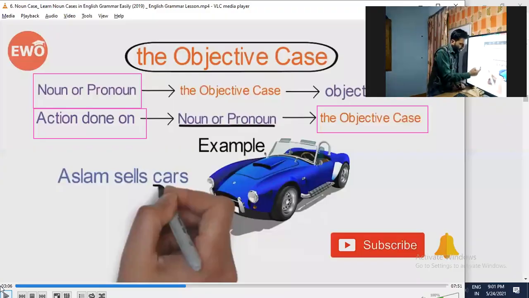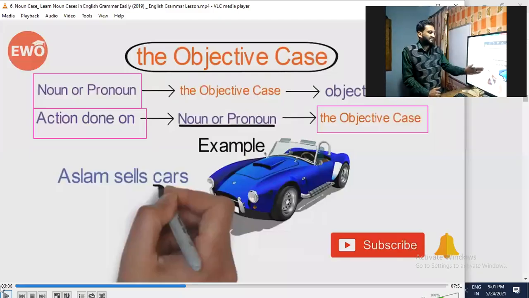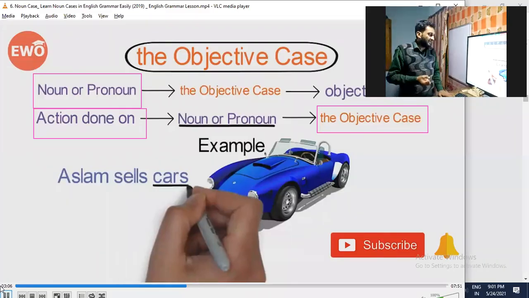तो असलम जो है, Aslam is in subjective case because Aslam is the doer in this sentence. Aslam sells the cars. So but what he sells और जो काम है उसका जो उस काम को जो रिसीव कर रहा है, उस एक्शन को जो रिसीव कर रहा है, जिस पे ये काम हो रहा है, that's cars.